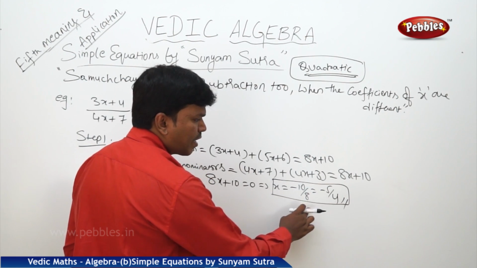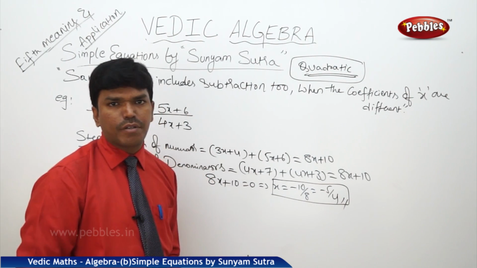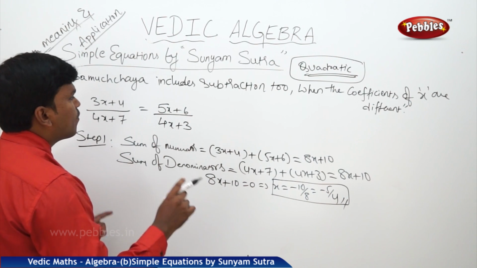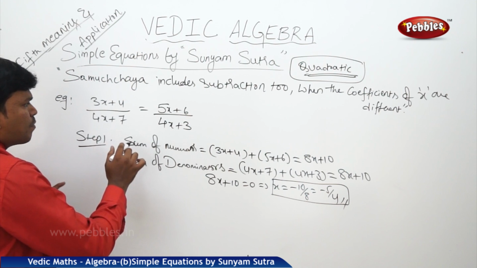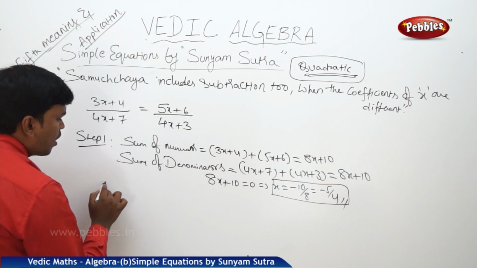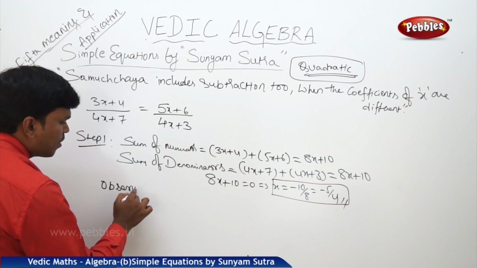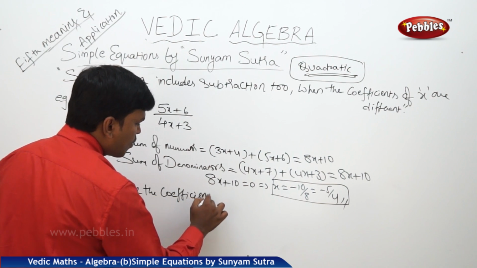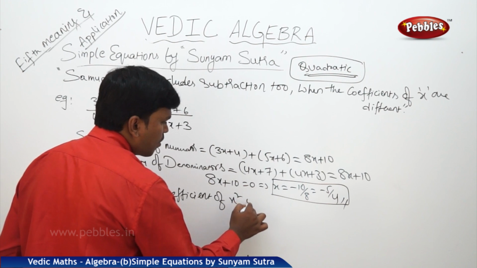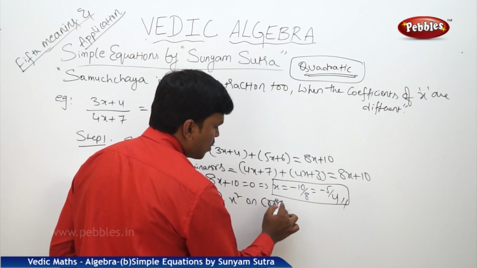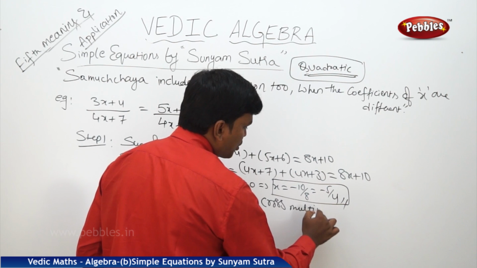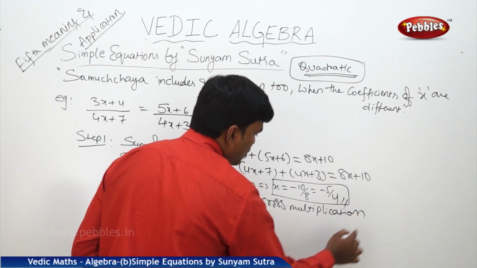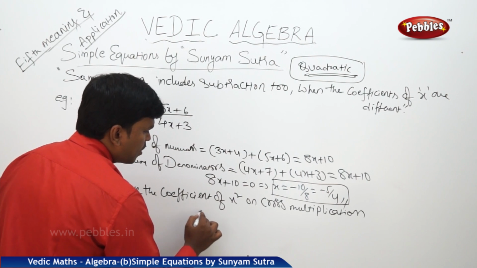Now the next step, immediately what you need to observe is the coefficient of x square on cross multiplication.